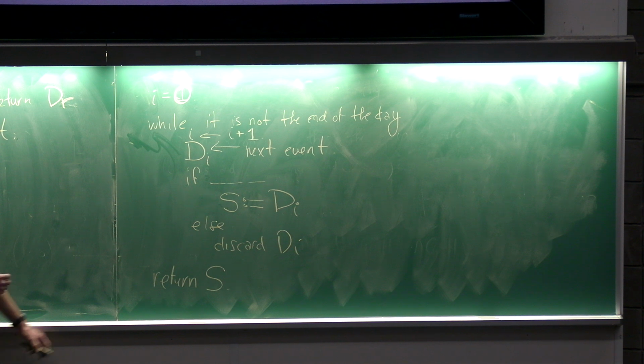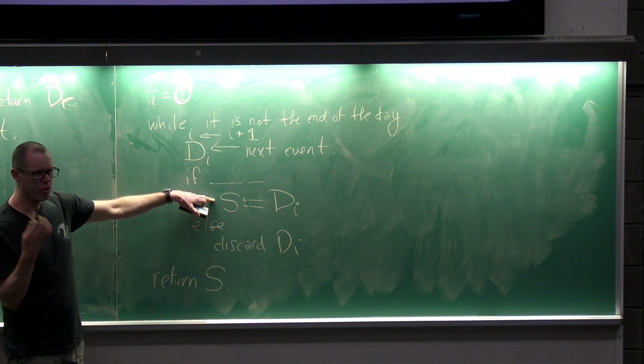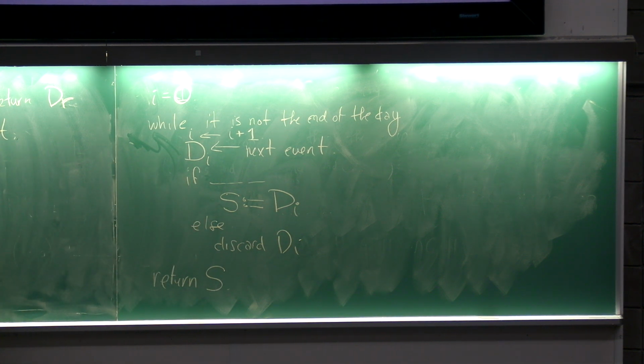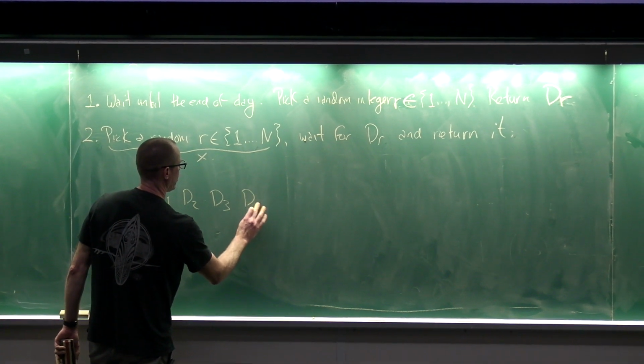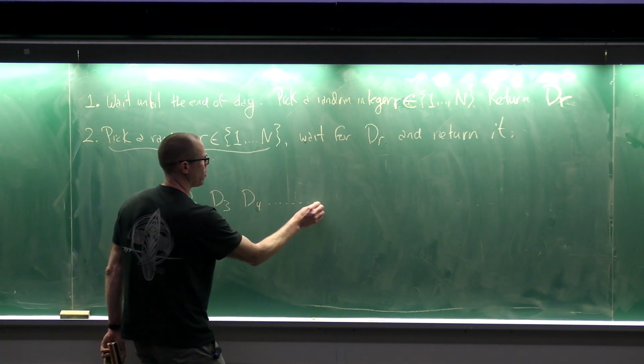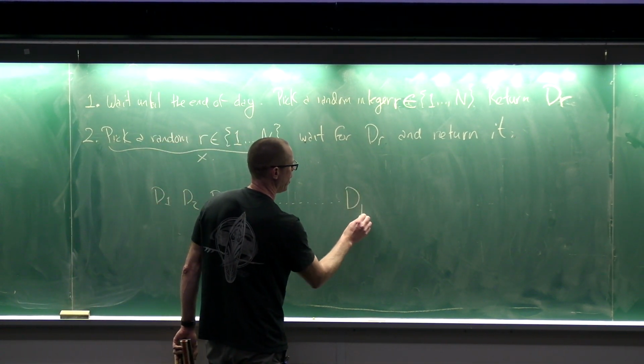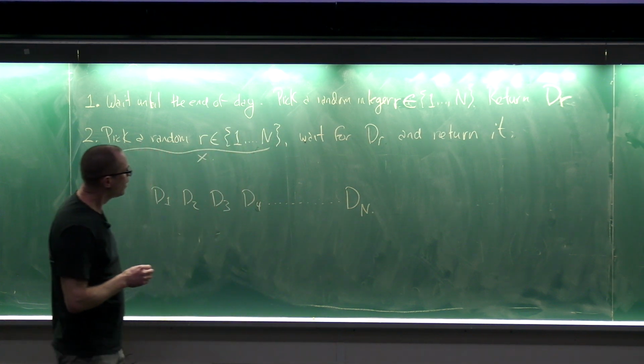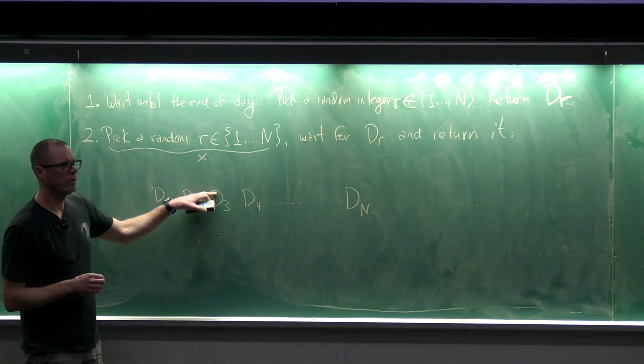So with some probability here, we want to keep the current item. What do you think that probability should be? So these things are coming along, and we'll see actually that there's really only one possible choice, and we just have to hope that it works. So the day is going along.